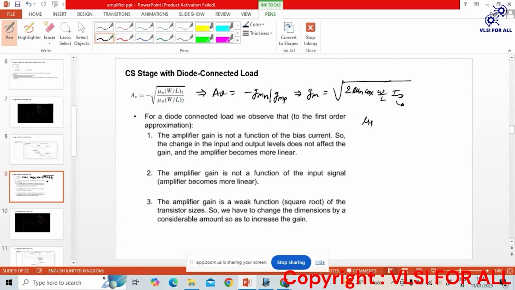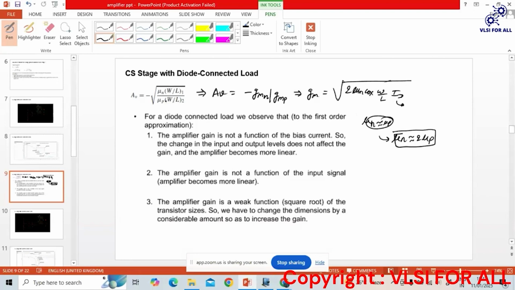As we know, for this PMOS the mobility of the hole is not as much as the electron. So for low technology, we can keep mu n nearly equal to mu p. But in theory, if we study in the book, we keep mu n approximately equal to 2 mu p.